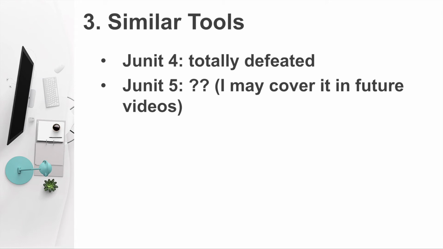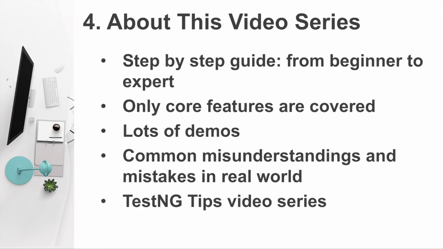There is also JUnit 5, which is the next generation of JUnit 4. I've heard that major improvements over JUnit 4 have been introduced in JUnit 5. Although I haven't had a chance to use JUnit 5, I will definitely give it a try and introduce it in my future videos.